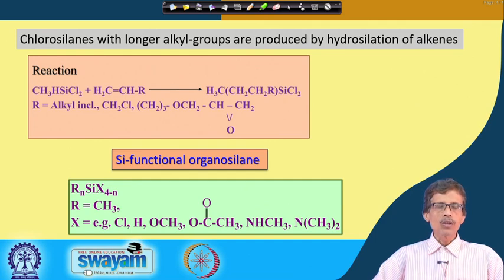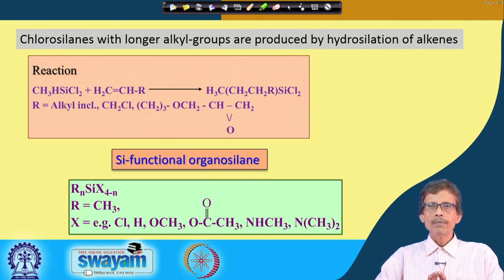So, we are able to replace all the halogen groups, that means all the X groups around the silicon, and make it a purely organic compound. At one end you have the carbon based functional groups and at the other end you have nitrogen based functional groups, and in between you have only the silicon.